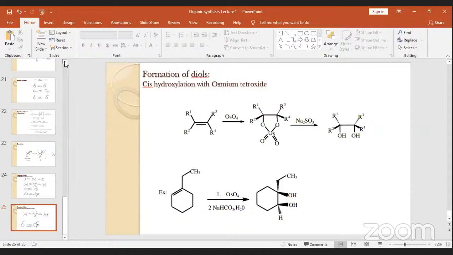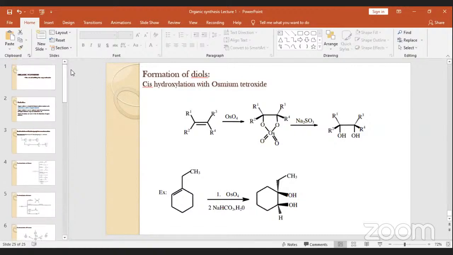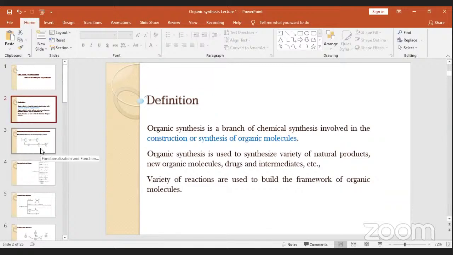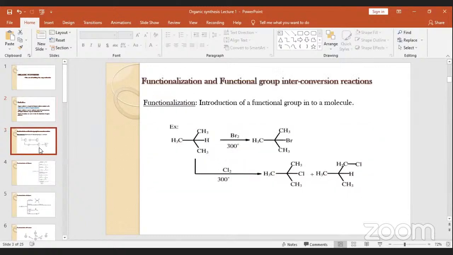So what have we seen in today's lecture? Let us summarize. We are building molecules, constructing molecules, by making use of various functionalization and functional group interconversion reactions. As I told you, functionalization is the introduction of a functional group. Functional group interconversion is the conversion of one functional group to another.